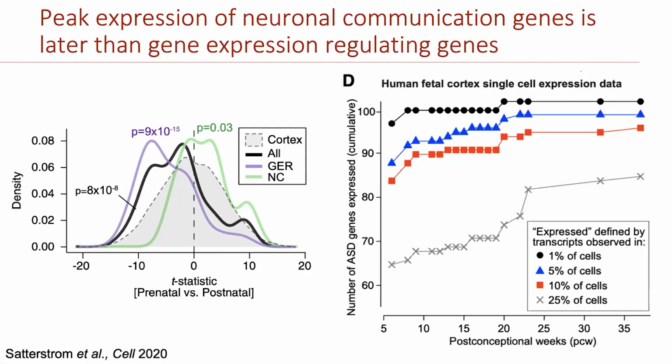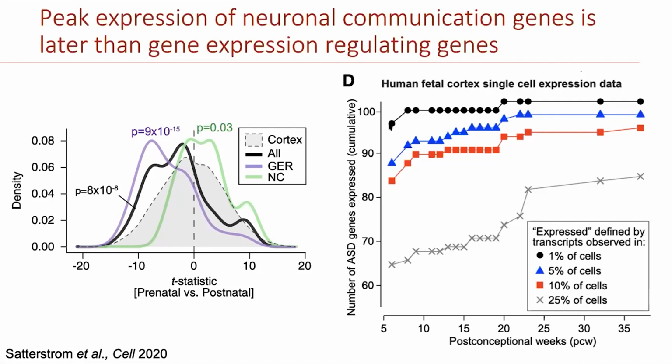And so on the right, we can see, asking the simple question, at what stage in development do we start to see all of the genes being expressed? The top line is probably the simplest one to interpret. And this is asking the question, at what stage do we see the gene expressed in 1% of cells? Now, that doesn't mean it's only 1%, because single cell technologies only pick up a fraction of the transcripts which are present in the cell.